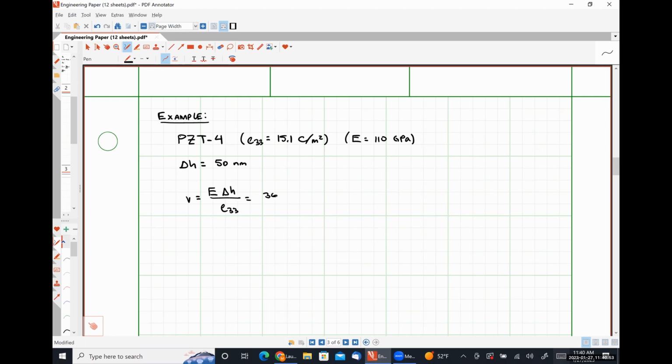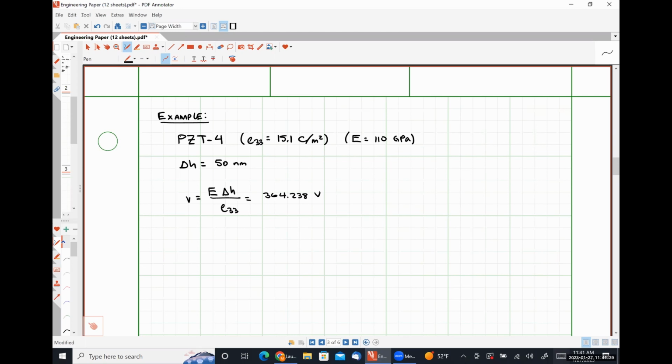And we would get 364.238 volts. So we have to apply 360 volts across a sample of PZT4 to get a displacement of 50 nanometers. That is an appreciable voltage. Not a lot of people have access to that, okay?